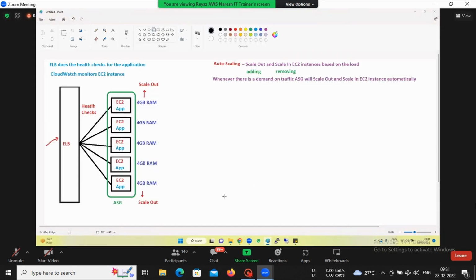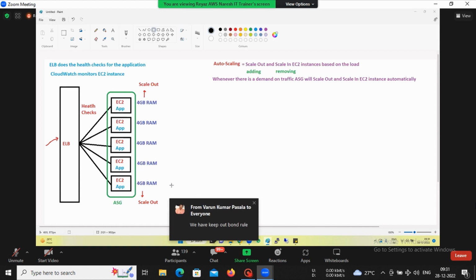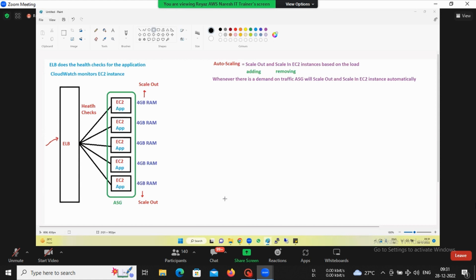Forget about scale out and scale in, that is when the load increases, it will increase. But initially, you need to have some capacity, right? The minimum number of EC2 instances you should create. In your group, you should have what is called desired capacity. How many EC2 instances do you need initially?